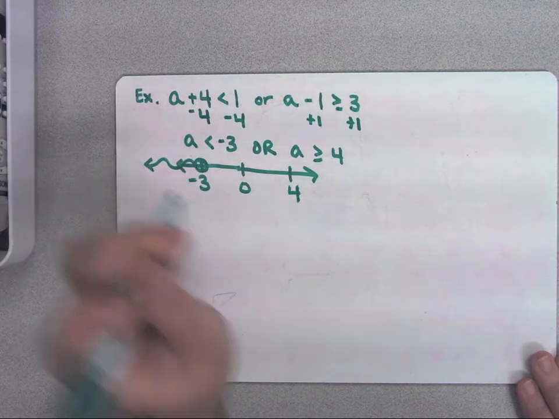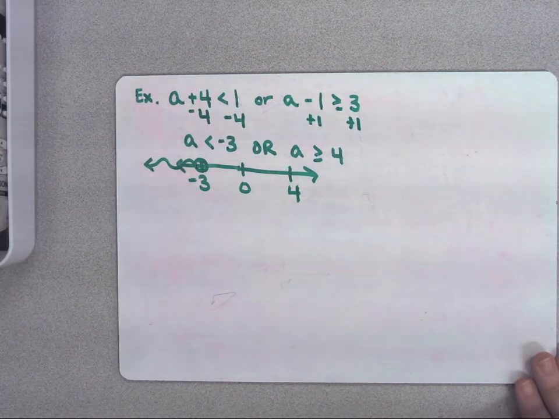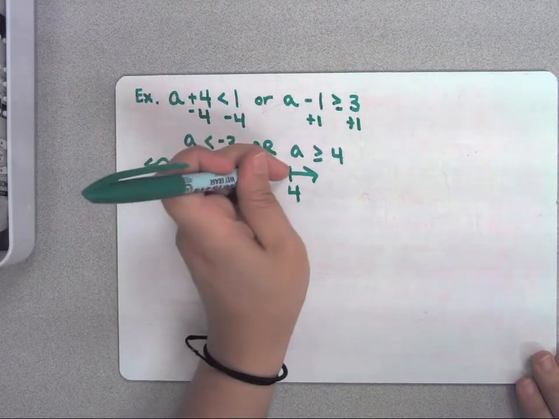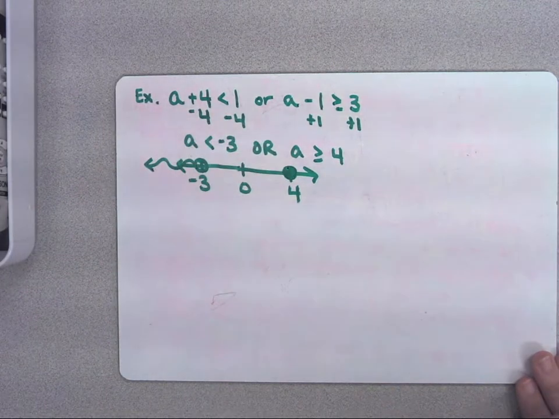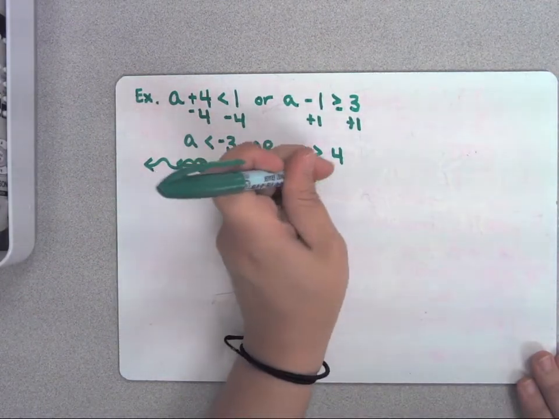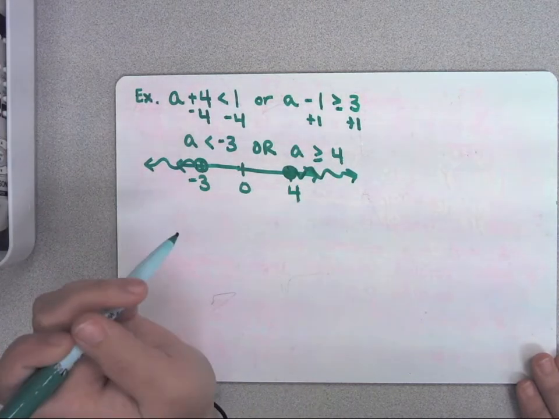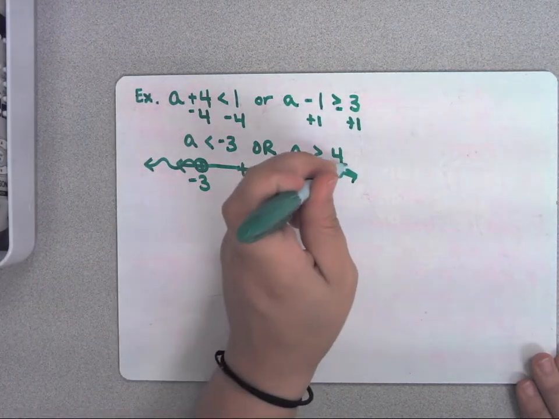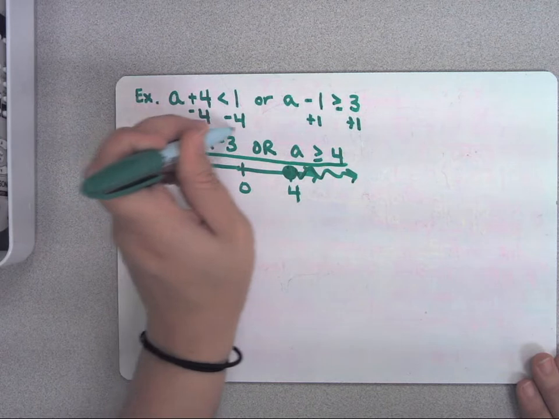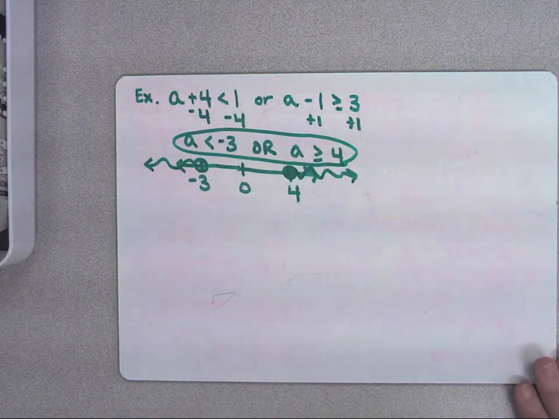Left. 4, open or closed? Which way is that arrow going? Right. What would I type into Alex for my answer? Yep, both inequalities, all of it.